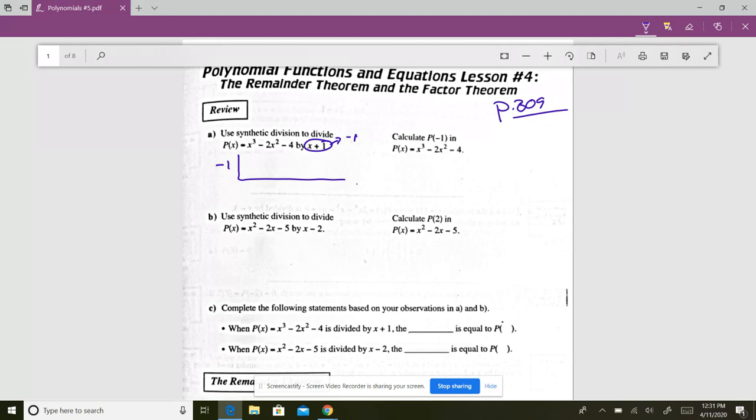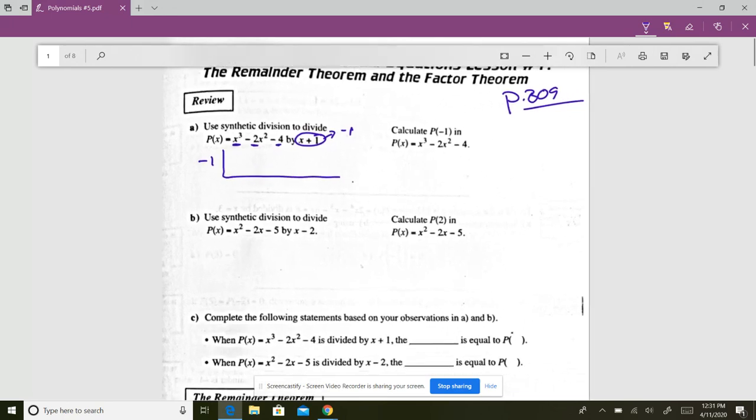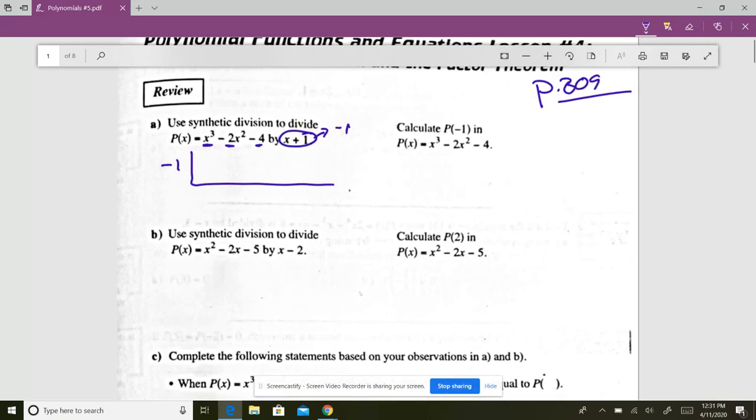We use the coefficients of the polynomial here. But remember, because we don't have an x term, we don't have a 0x, and they have to go down in descending order, we have to add that in. So we put the 1, the negative 2, a 0 for the 0x, and then minus 4 at the end. And bring down the first one.